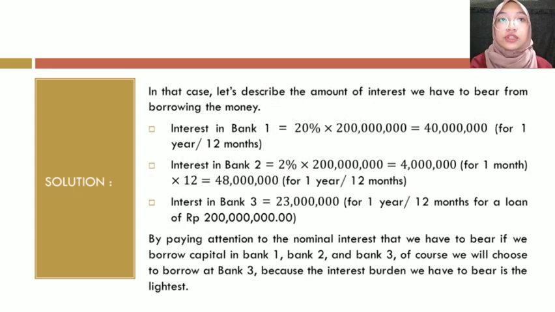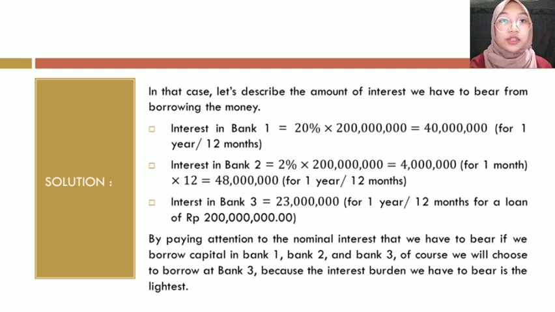And then the solution is, in that case, let's describe the amount of interest we have to bear from borrowing the money. Interest in bank number 1: 20% multiplied by 200 million is 40 million for 1 year or 12 months.